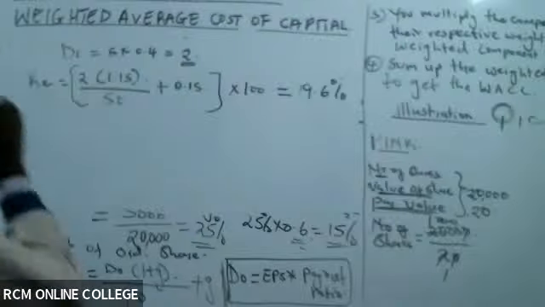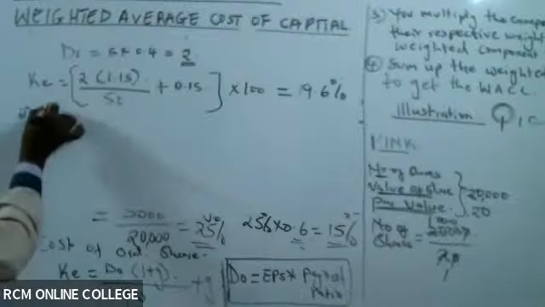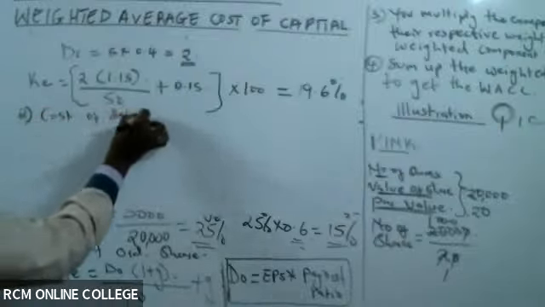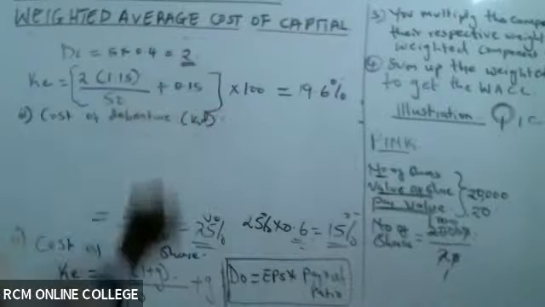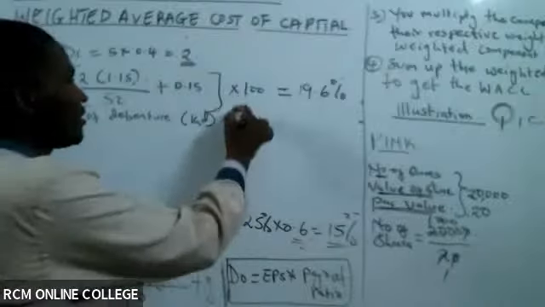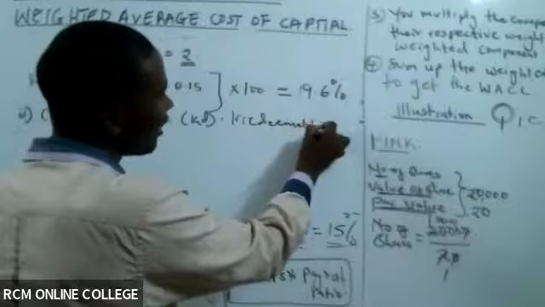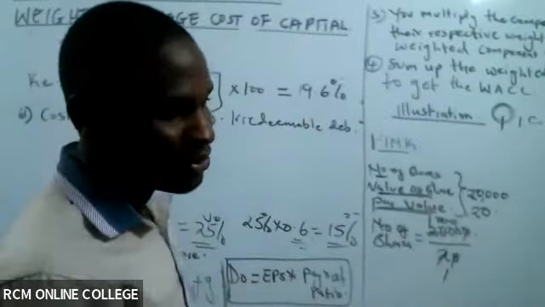Thank you. Then we go to Roman number 3. Roman number 3 wants the cost of debenture. Please, I want to give you this one to do. For Kd, we say that this is an irredeemable debenture. It has no maturity period.